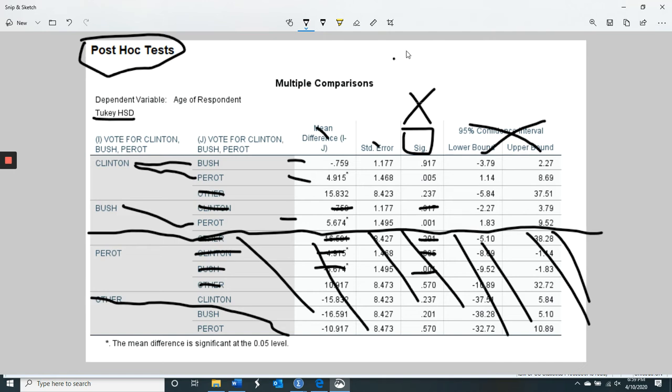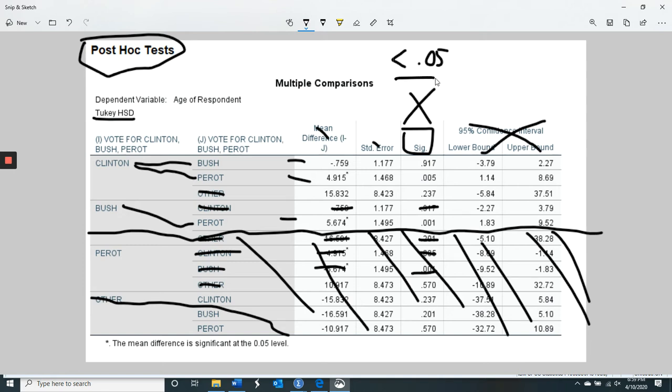So what we're looking for here is sigs that are less than 0.05. Why? Because these comparisons are essentially like t-tests. We're just running multiple t-tests here, but we're protecting ourselves from making a type 1 error with a Tukey. We're essentially dividing the 0.05 into three parts there.